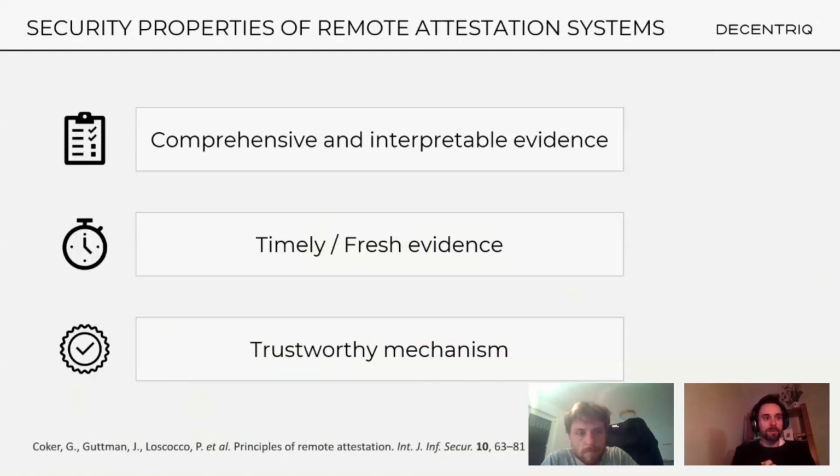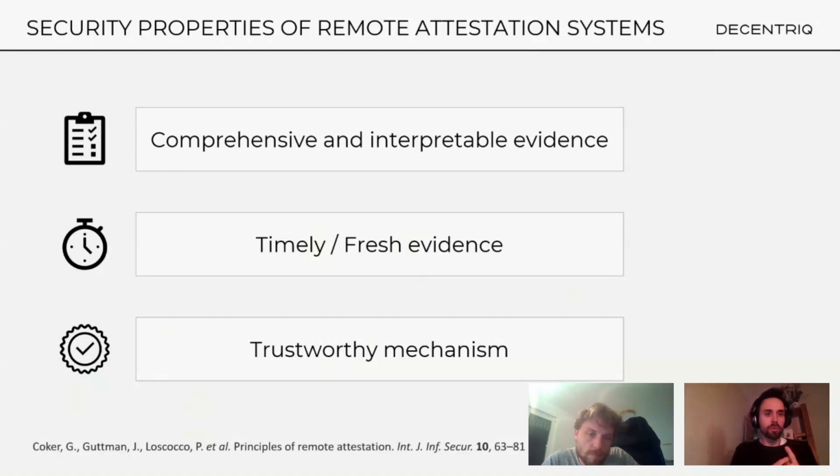Now let's talk about how to assess the security of a remote attestation scheme. These are mainly the three properties we cared about when we looked at Nitro, AMD SEV-SNP, and SGX. The first one is comprehensiveness and the interpretability of the evidence we get from the system.